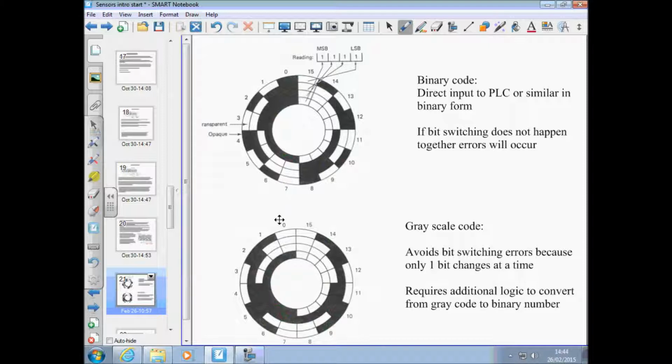Now, just to distinguish, Danny, between binary code and grayscale code. If we look at the top one, you'd get a binary code that would give you a direct binary code for quick conversion to decimal as we go round there.